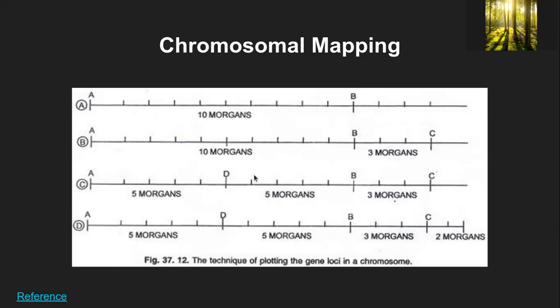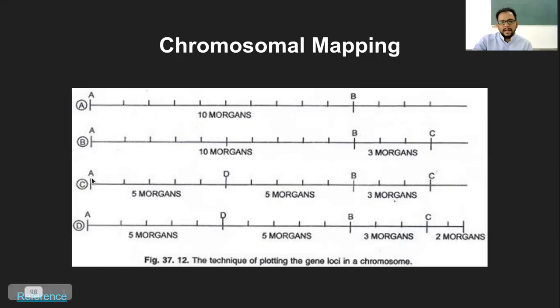Sir, I understood the Morgan part of it, but I didn't understand the percentage part. Let's say the distance between A and D is 5 Morgan, the chance of these two recombining is 5%. But that's not possible.